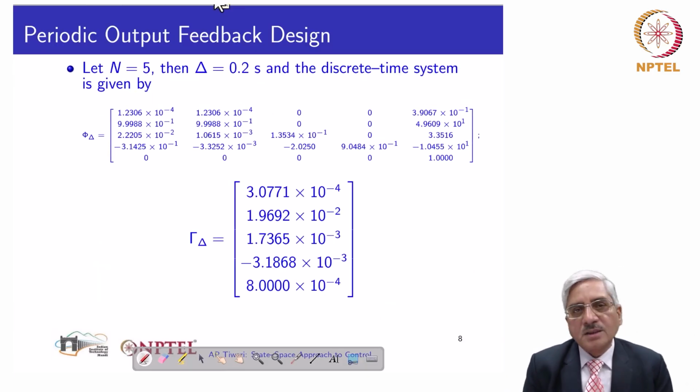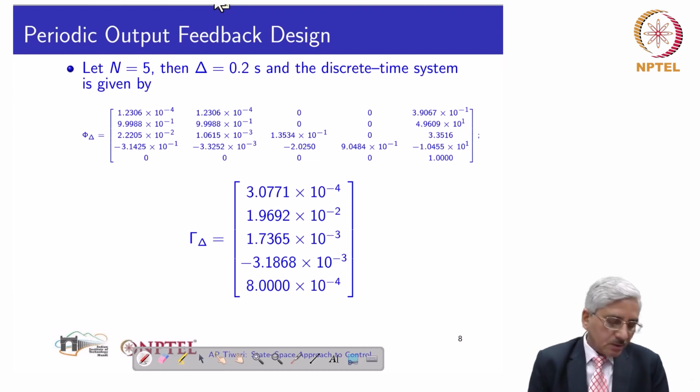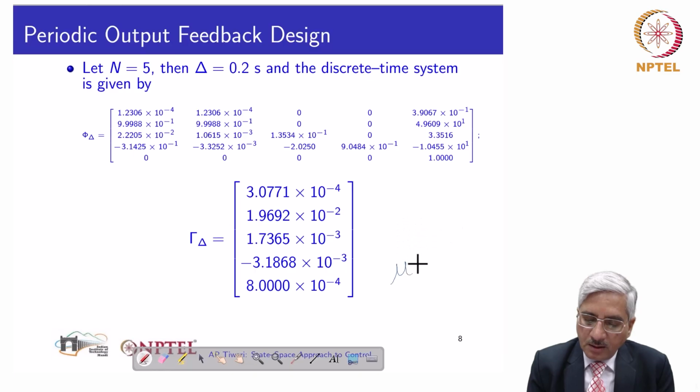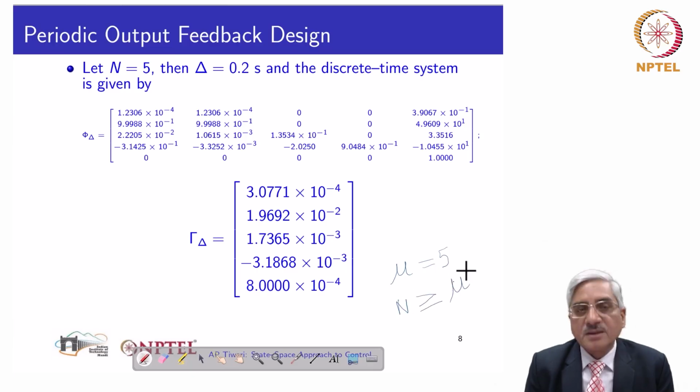Because the system has order n, and as we have proved the controllability, we know that the controllability index of the system, which we denoted by mu, is 5. We know this, and n has to be selected in the periodic output feedback control greater than or equal to mu.